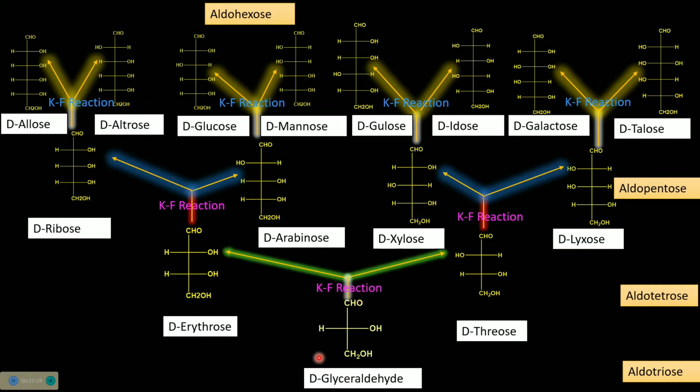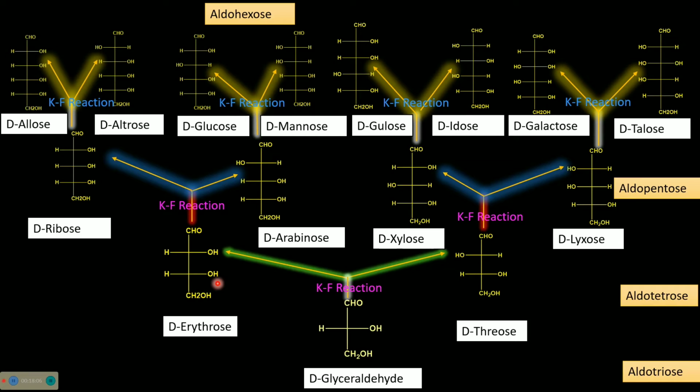If we perform it on an aldotriose, then we will get two aldotetroses. Aldotriose has 3 carbons, higher homologs mean 4 carbons, with 2 chiral centers, whereas here there is 1 chiral center. From lower homologs we get higher homologs.